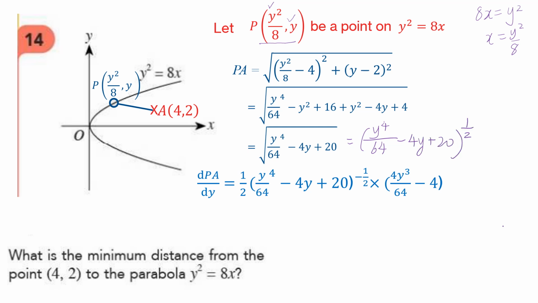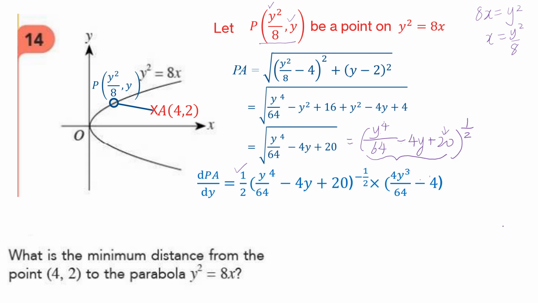So I bring the half down, keep whatever is in the bracket, half minus 1 gives you negative half. Differentiate the one inside the bracket: differentiate y to the power of 4 and you get 4y cubed. Keep the 64 there, don't touch it. Differentiate negative 4y gives you negative 4. Differentiate 20 gives you 0.